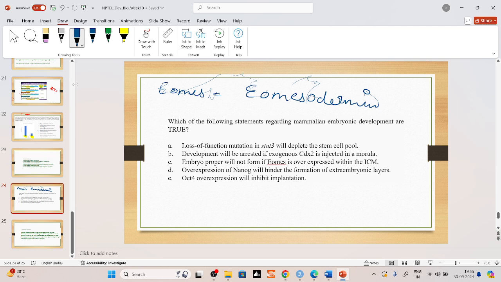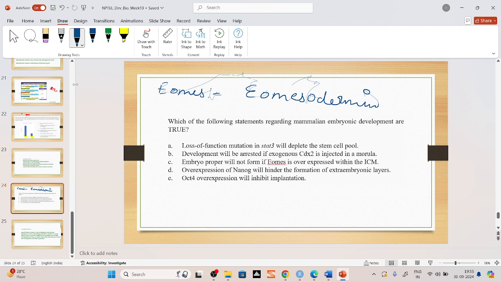So from this you can just have an idea that each and every factor is required at a specified time in a specified place and at a specified level. Everything has to be maintained in a balanced way.